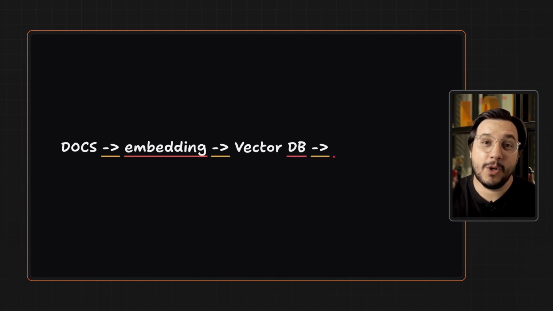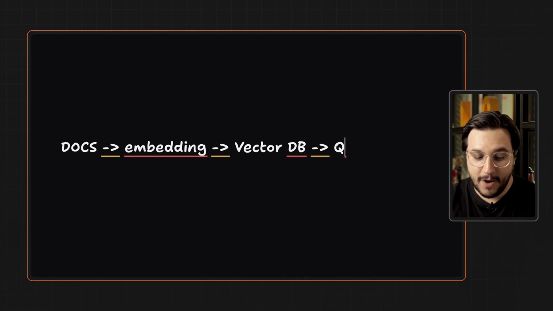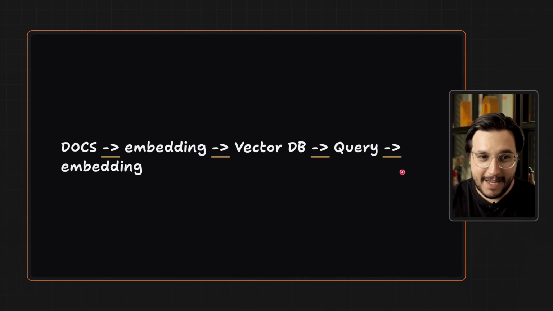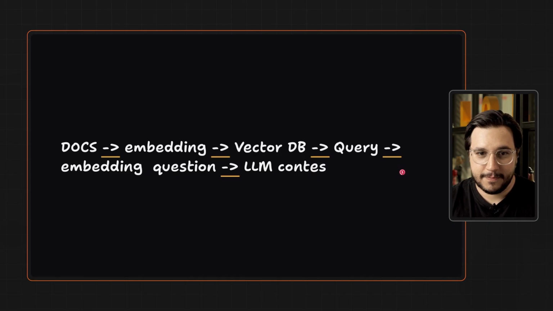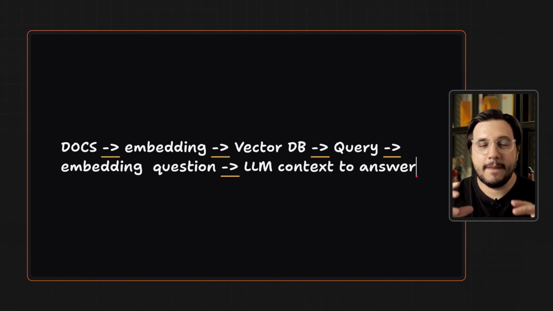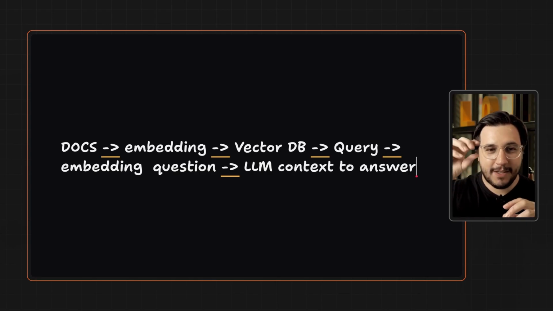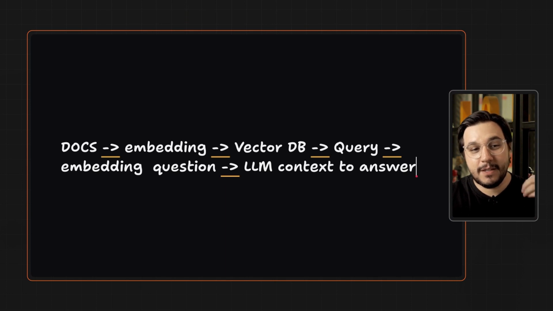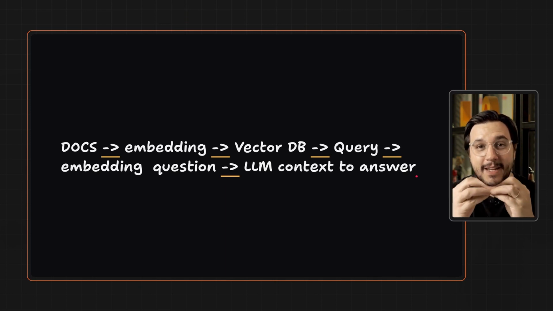Then, when the user or client is interacting with the large language model, we'll need to perform a search against that database, creating another embedding for the specific question asked. And then, the large language model effectively creates a comprehensive context with all the data we found in the vector database by embedding the question and matching those embeddings together.